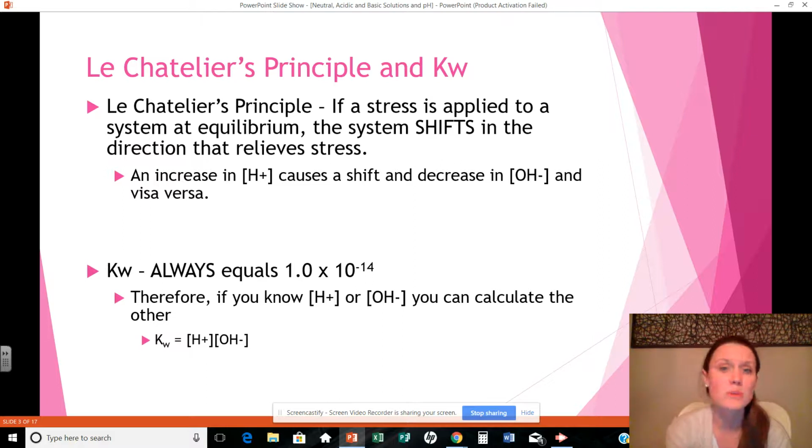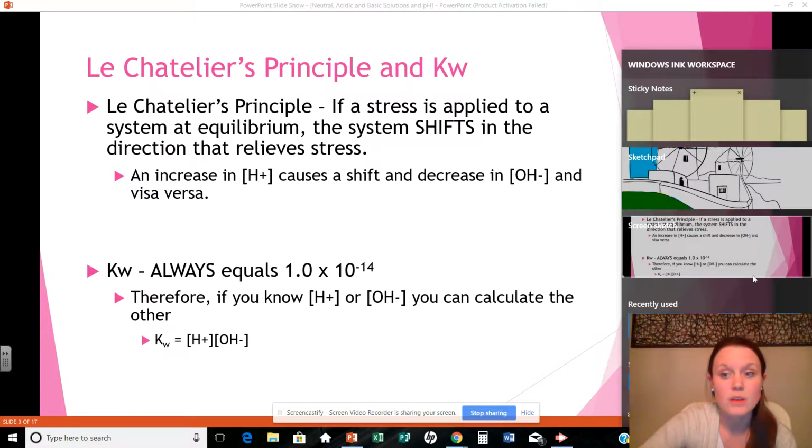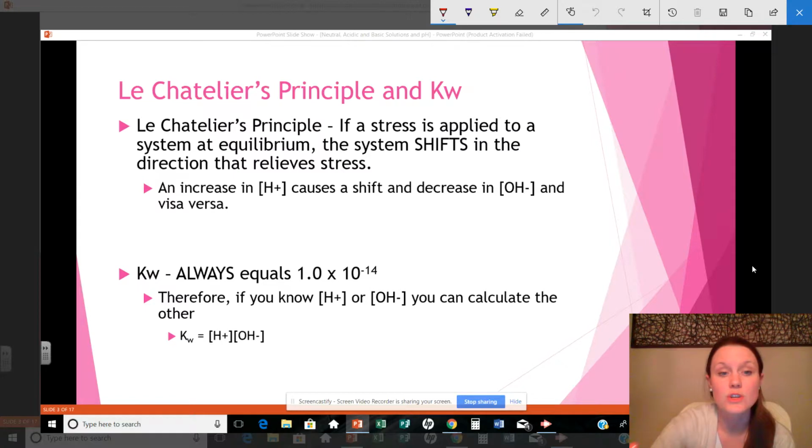The reason why we talk about this with acids and bases is because acids and bases are determined by ion concentration. They are determined by the concentration of hydrogen that you have and the concentration of hydroxide that you have.